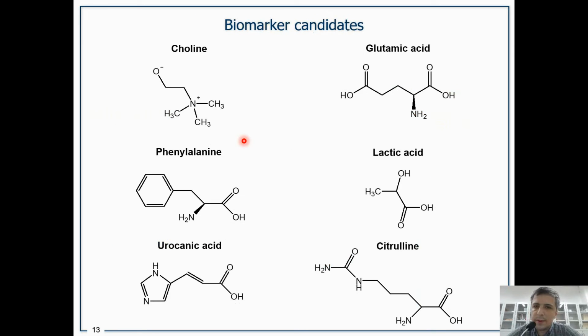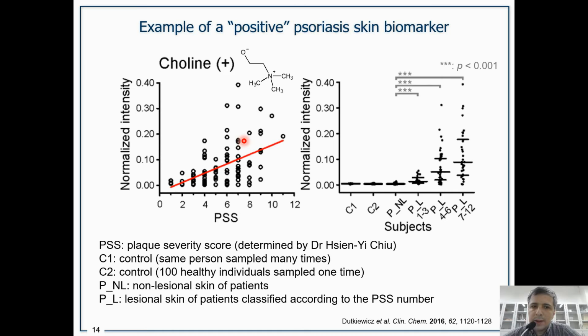And these are some biomarker candidates that were found in that study. These compounds mainly contribute to the separation of the data points, which you could see in those plots. And here's an example of choline, so a small molecule, and PSS, I just remind you, is the plaque severity score determined by a physician.